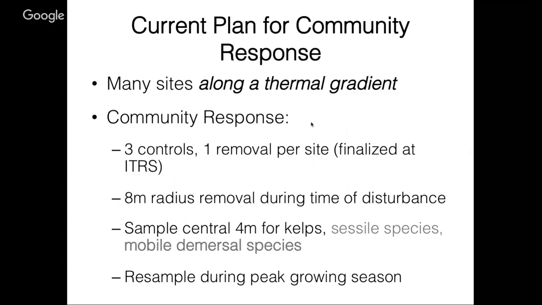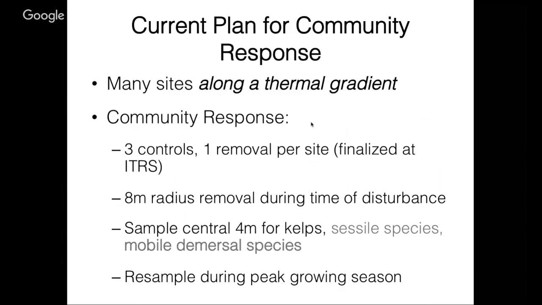So the current plan for an experiment looking at not just the response of kelps to disturbance, but also the whole kelp forest community of mobile organisms, is to conduct an experiment with many sites along a thermal gradient, with each node, each member of KEEN, doing one replicate. And at that replicate, have 3 control sites and 1 removal.